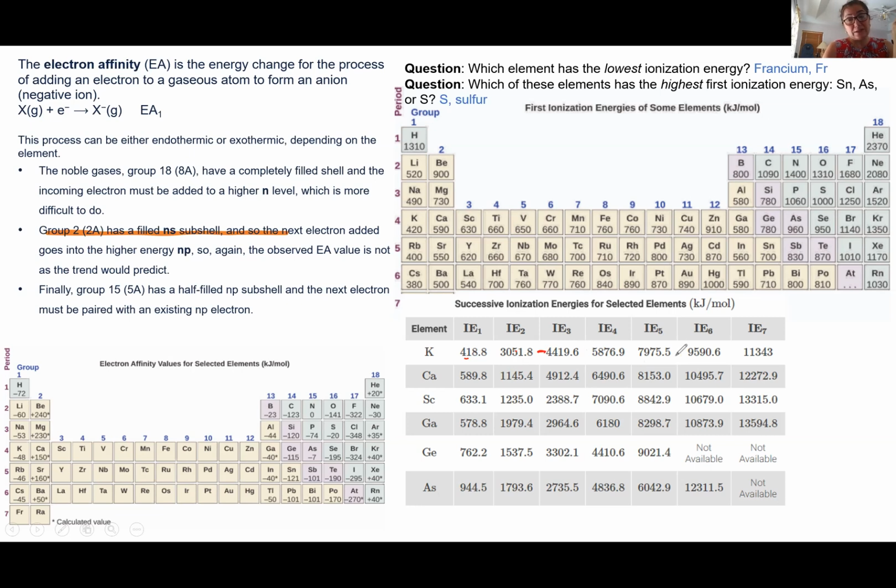So it does increase, but sometimes there's a big jump, and when you see the big jump, that means you are removing an electron from a filled shell or very stable situation. Like calcium, which has a 2+ charge. When you have calcium 2+, that's when it reaches the electron configuration of a noble gas. Removing an electron from a noble gas configuration is very hard, and you have to spend a lot more energy for that.